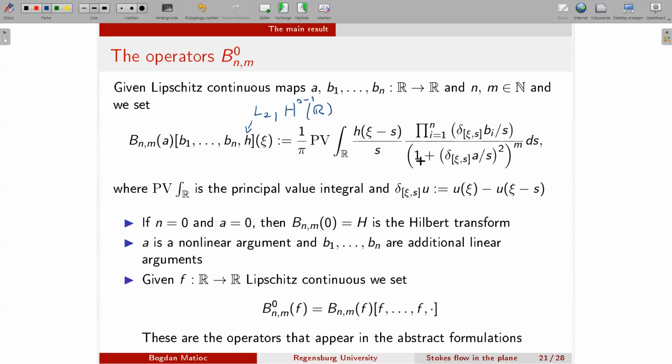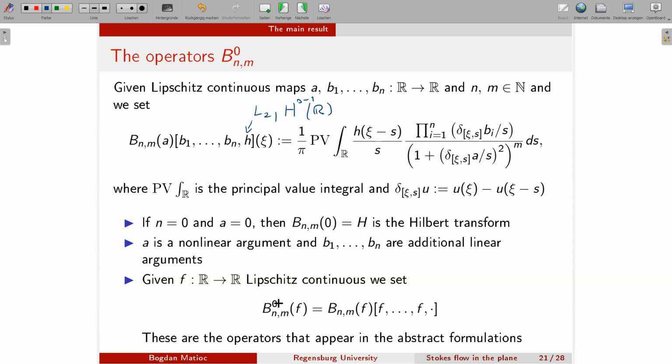And in the denominator, we have something similar, 1 plus this delta psi s a over s squared to the power m. It's also a bounded expression. So we have here a bounded kernel, but here we have 1 over s. So if a is 0 and n is 0, then we have the Hilbert transform, as I mentioned.